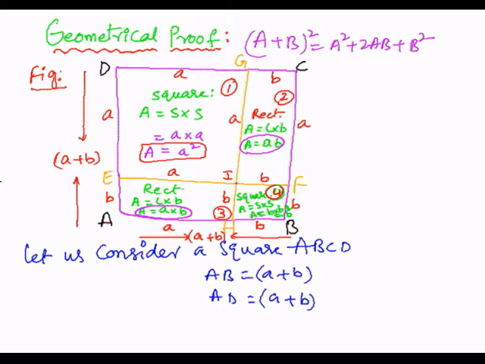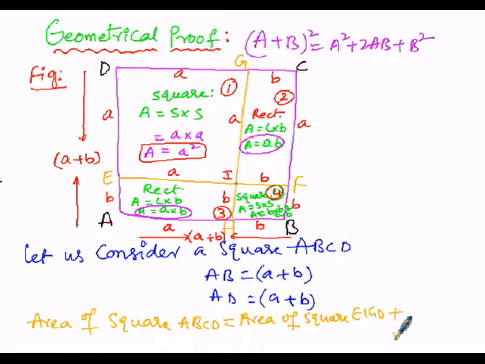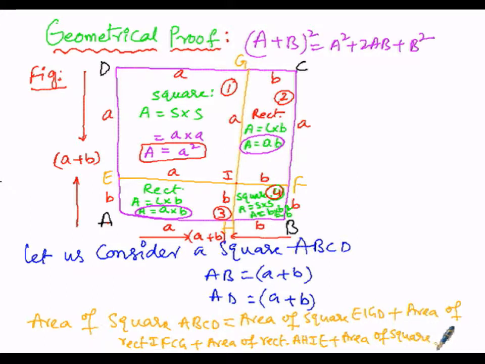So the area of square ABCD is equal to the area of figure 1, that is square EIGD, plus the area of figure 2, that is rectangle IFCG, plus the area of the third figure, that is rectangle AHIE, plus the area of the fourth figure, that is square HBFI.